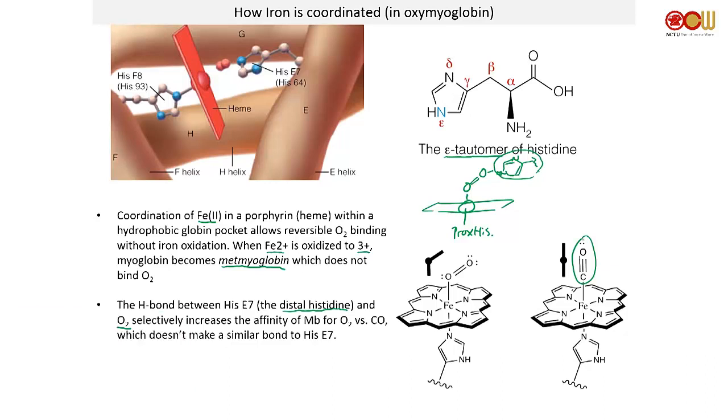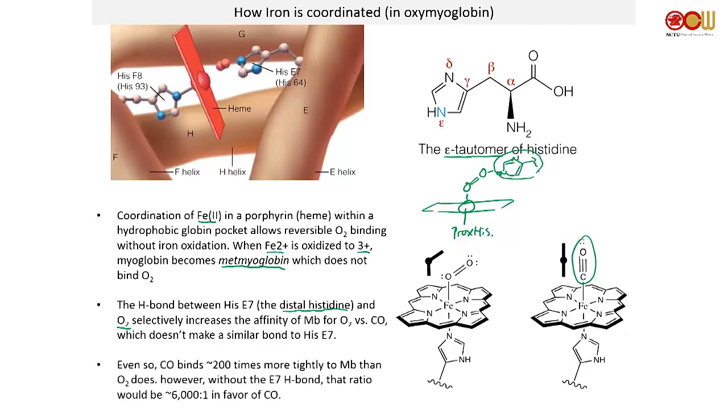However, here it says that the distal histidine selectively increases the affinity for oxygen, right? However, it turns out carbon monoxide still binds significantly more strongly than molecular oxygen. Even with the distal histidine, carbon monoxide still binds about 200 times more tightly to myoglobin than molecular oxygen does. However, if you don't have the distal histidine, then the ratio becomes 6,000 to 1.